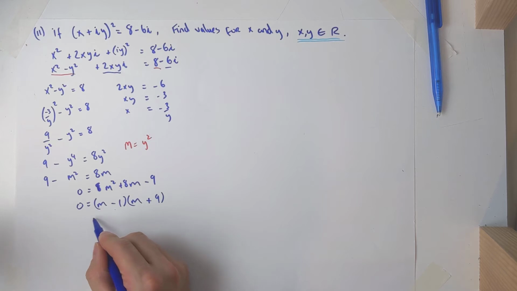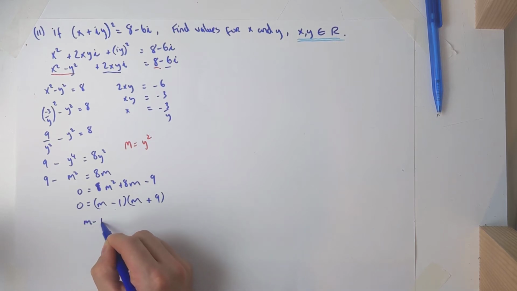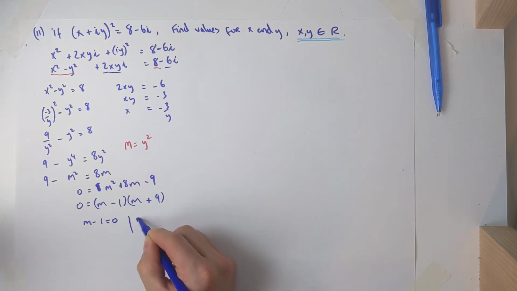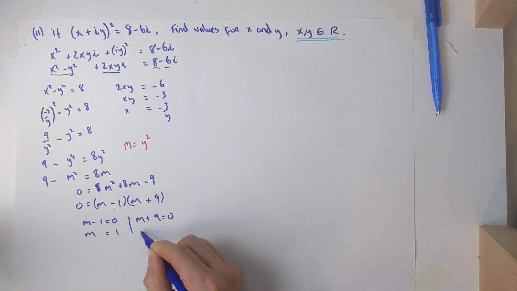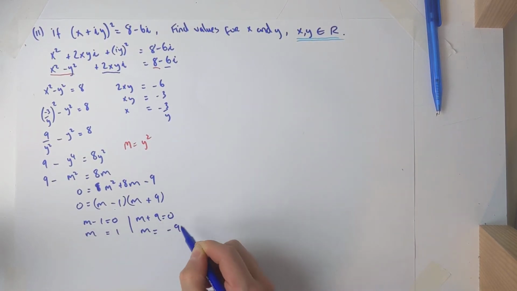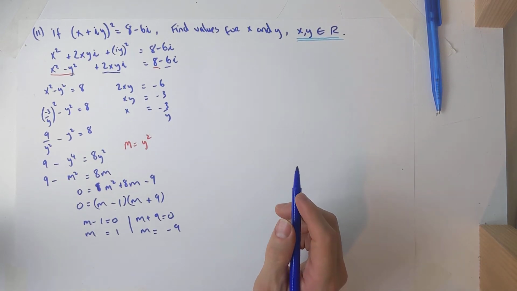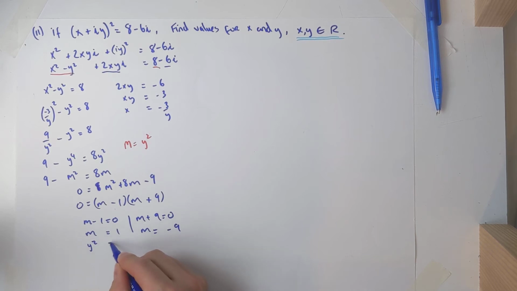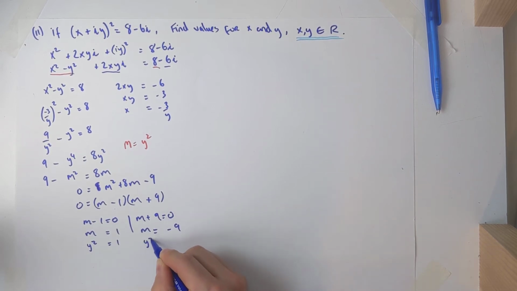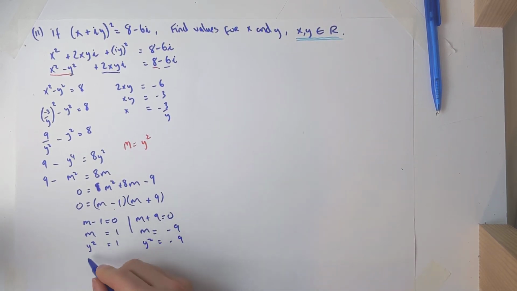So solving that, you get m minus 1 equals 0, m plus 9 equals 0, so m is equal to 1, m is equal to minus 9. Substitute back in, m is actually y squared, so y squared is equal to 1, and y squared is equal to minus 9.